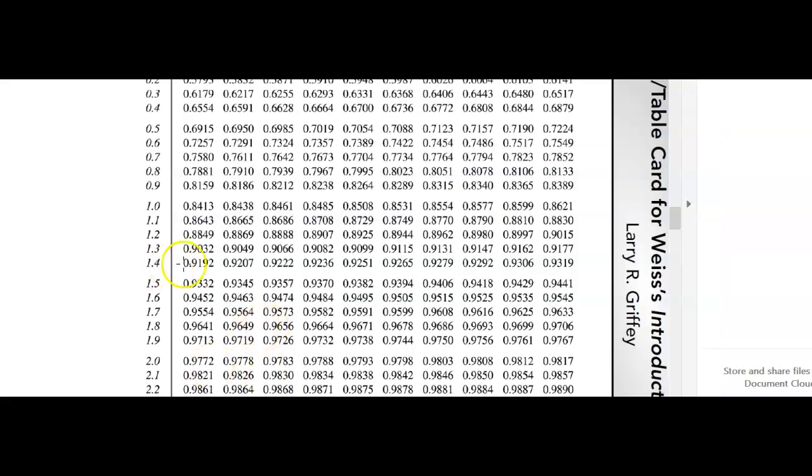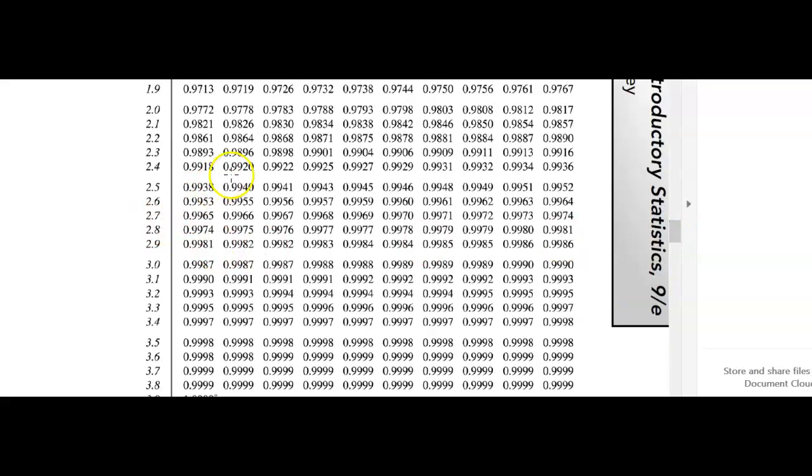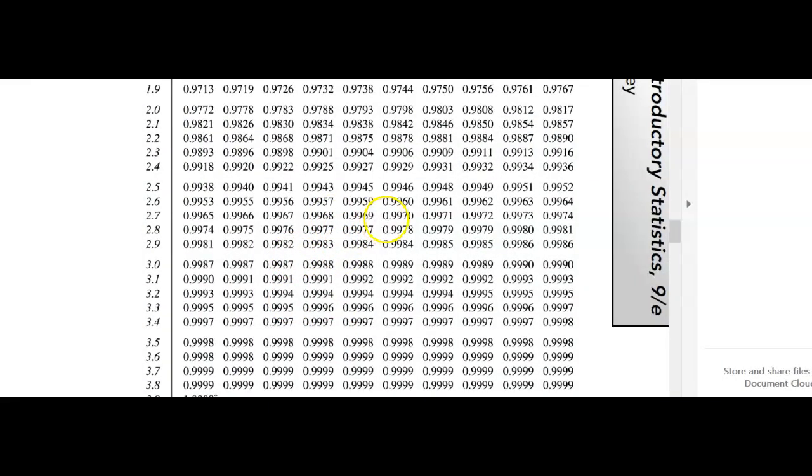0.9950. 0.93, and it's in order, right? 93, 94, 95, 97. Let's keep going. 0.99 starts somewhere here. What are we looking for? 0.9950. 9948, 9949, 9951. Okay, so it jumps from 0.9949 to 0.9951, right?